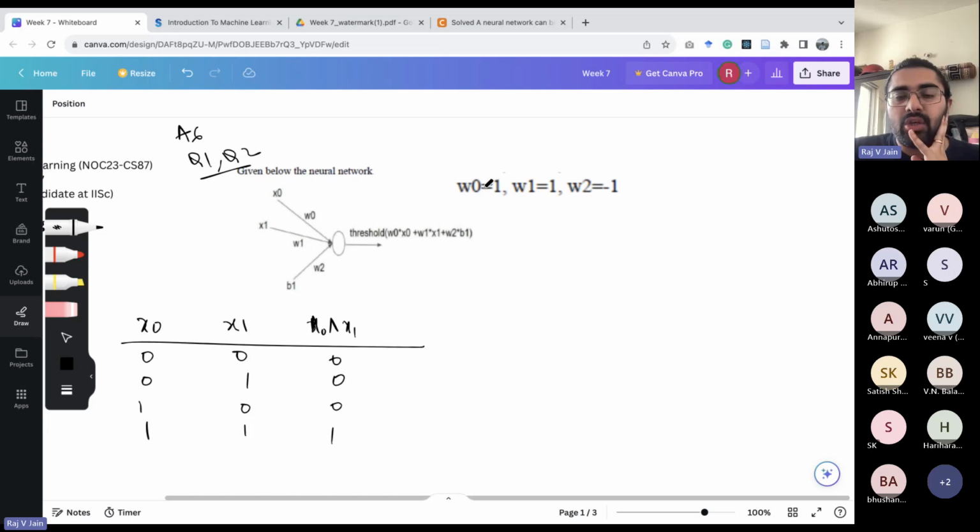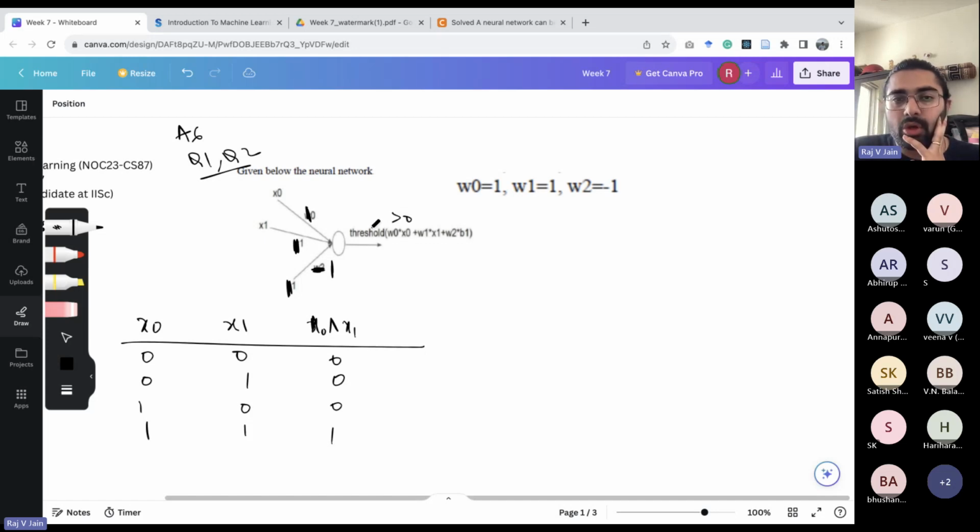Now, when I use w0 equal to 1, w1 equal to 1, and w2 equal to minus 1, and they've also said that the bias is set to 1, you can just pass the input through this network for this particular set of weights and see what the output is. That's it. And the threshold function is set.